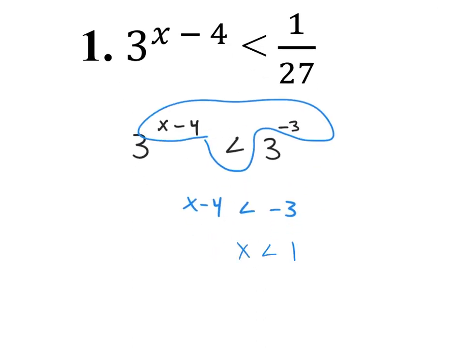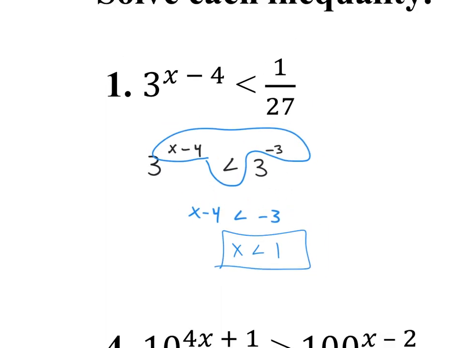So in order for that original statement to be true, x must be less than 1. As long as I pick a value less than 1, you'll always make sure that this left-hand side is smaller than 1 over 27. And let's just pick a number that works for that.